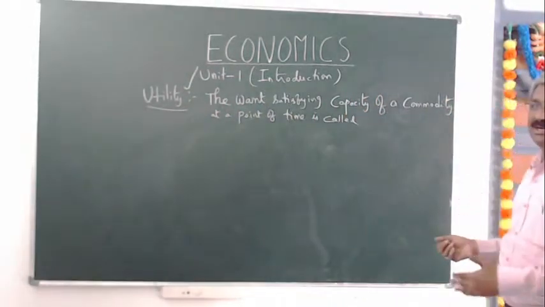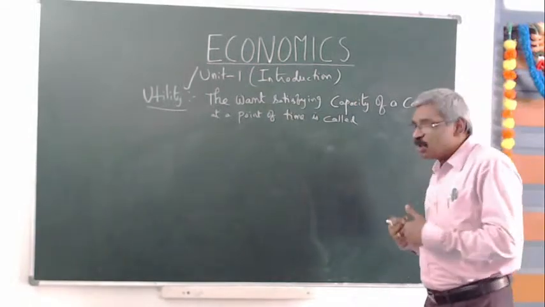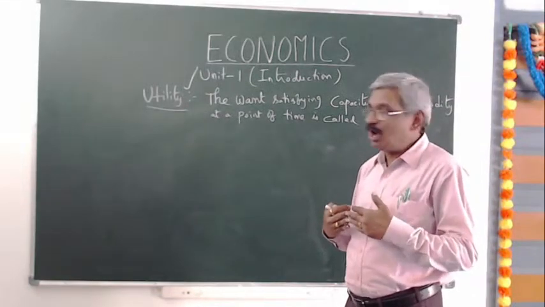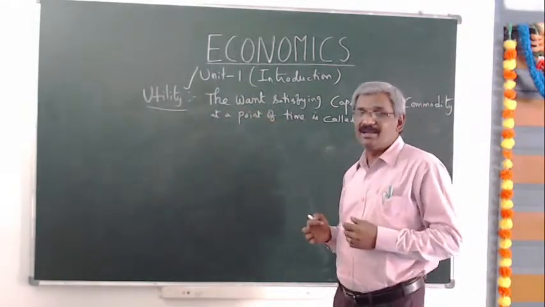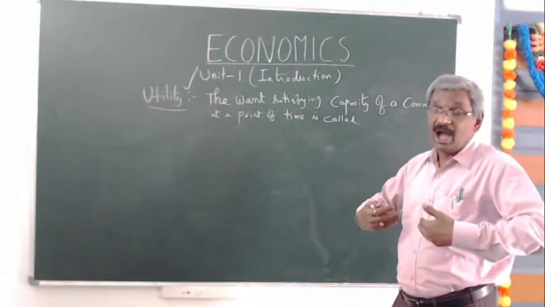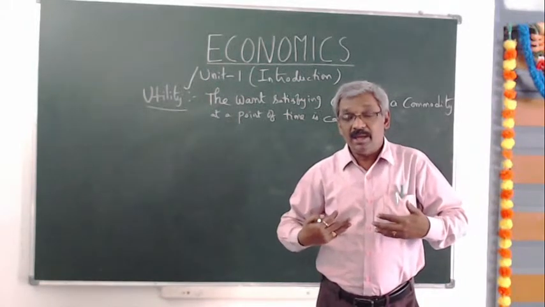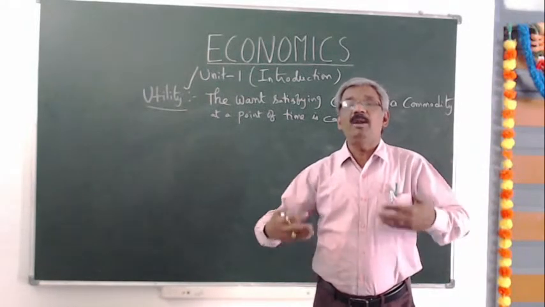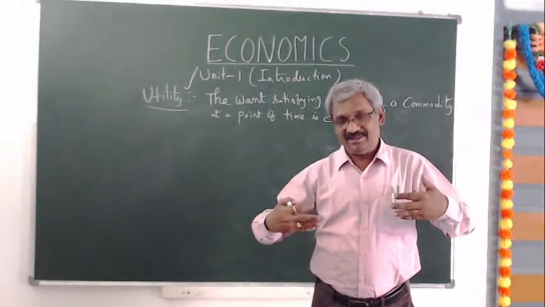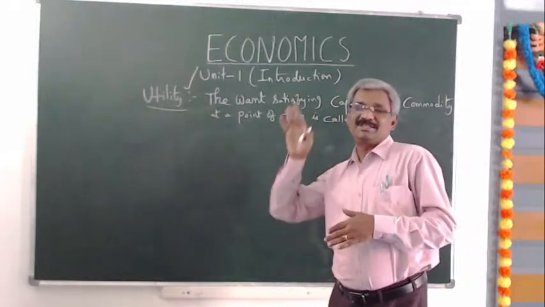The want satisfying capacity of a commodity at a point of time is called utility. How do human beings get satisfied? Every person satisfies their wants through goods and services.